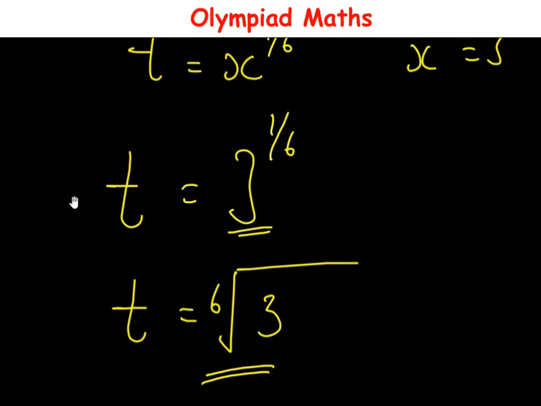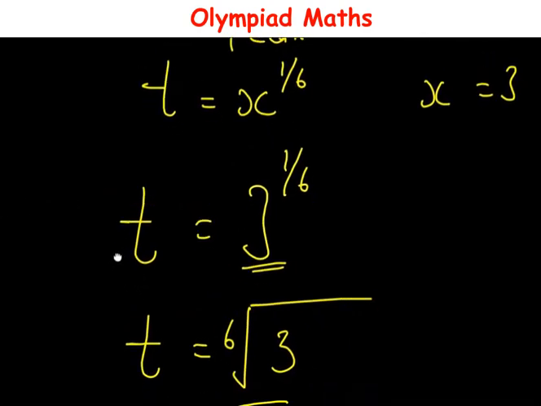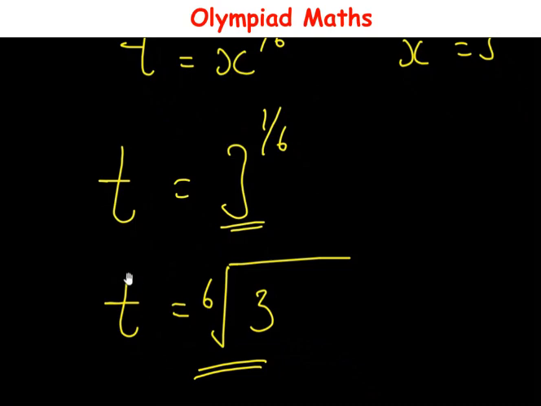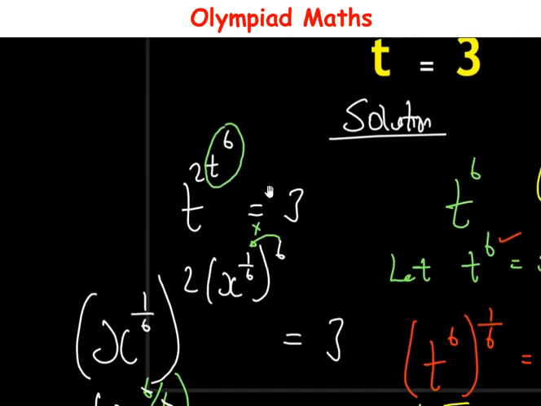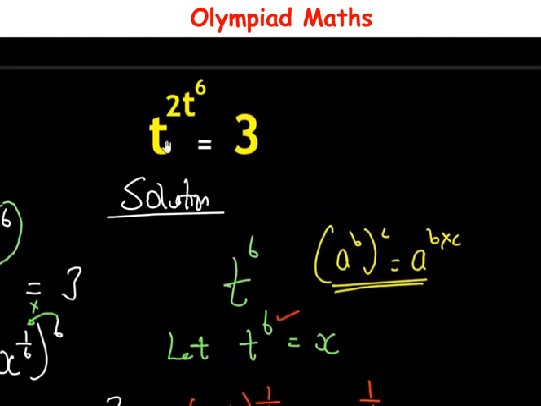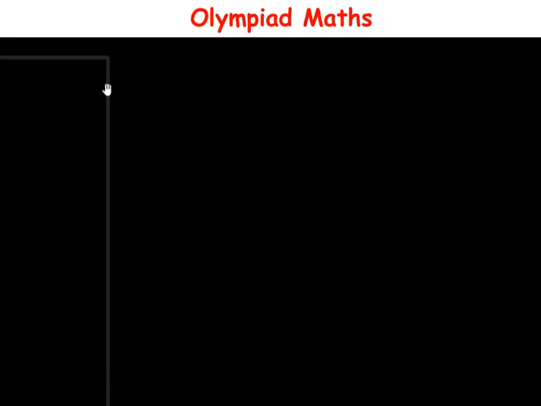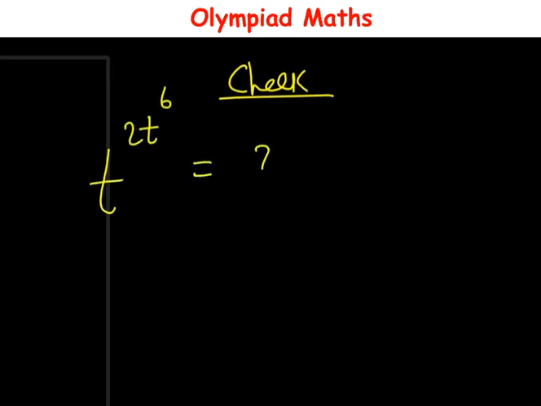Now from here, let us check if the solution of t that we have gotten is the correct solution. So back to the question, which is t raised to power 2t raised to power 6 equal to 3. Let us check. The question is t raised to power 2t raised to power 6 is equal to 3.